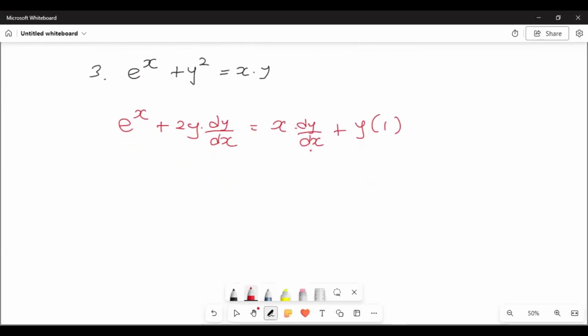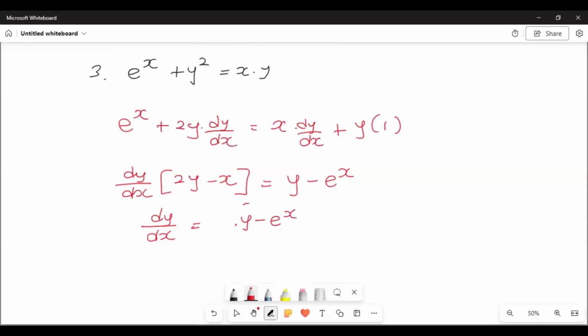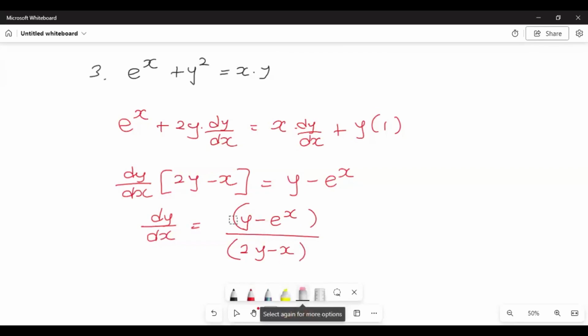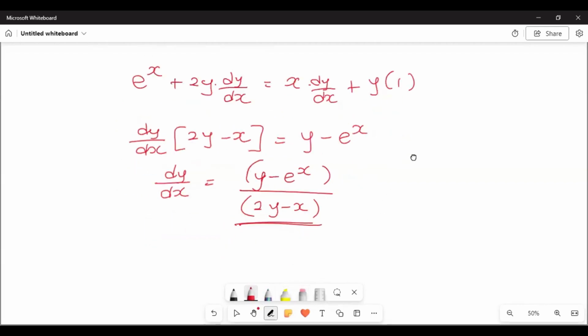Now we need to isolate dy over dx. dy over dx is going to be 2y minus x, right? And y minus e to the x. So the final answer is dy over dx equals y minus e to the x divided by 2y minus x. This is the answer.